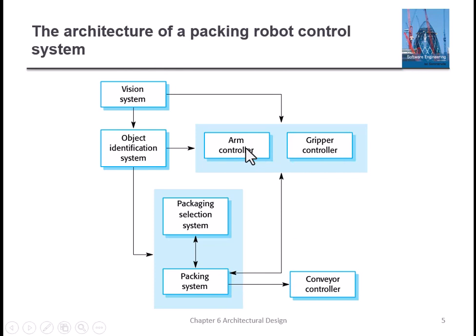This is the arm controller and gripper controller. So the packing system is linked to these two subcomponents. So this is a simple architecture design, and this architecture is designed from the user requirements. So this shows architecture is the high level design of the system.